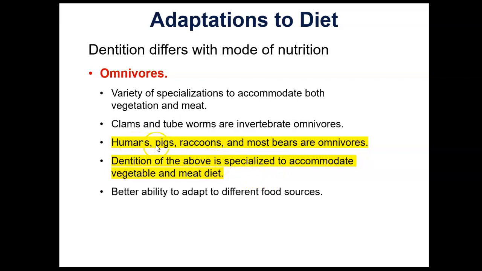So humans, pigs, raccoons, and most bears are omnivores, meaning that they eat meat and plant material. Their teeth are specialized to accommodate vegetables and meat. So they're going to have the canines for shredding, but they're also going to have the flattened molars and the incisors to help.